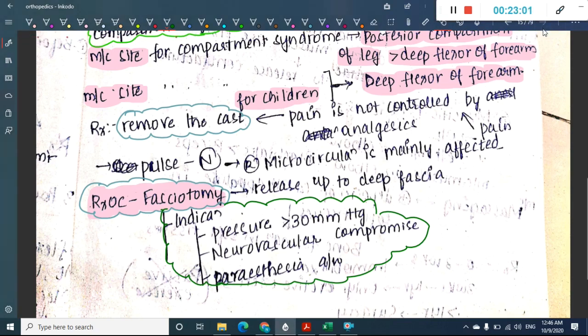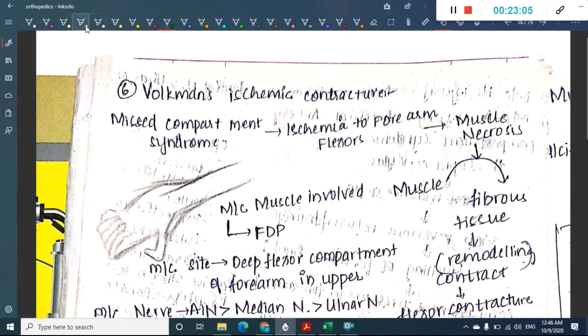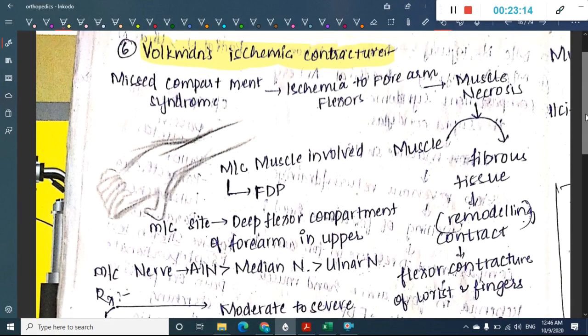Next, the complication which is seen here is Volkmann's ischemic contracture. If any doctor finds it difficult and could not diagnose the compartment syndrome, so compartment syndrome is missed, whenever there is missed compartment syndrome, there is ischemia of forearm flexor muscles.